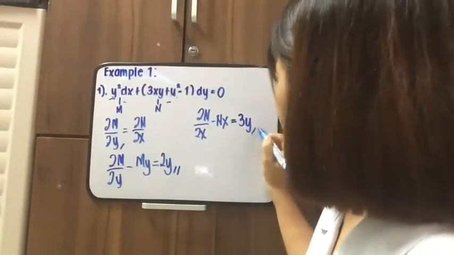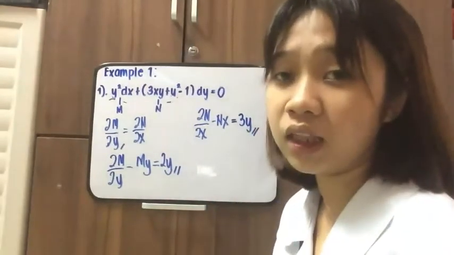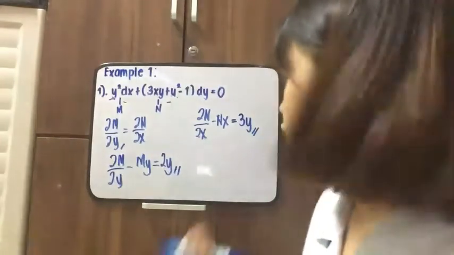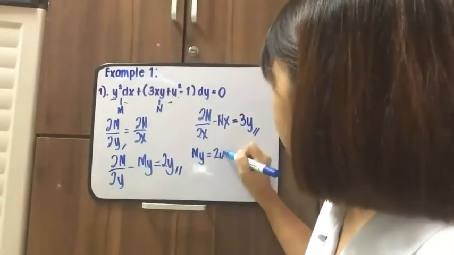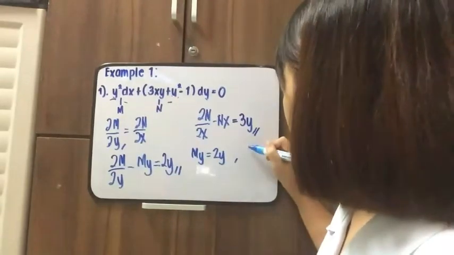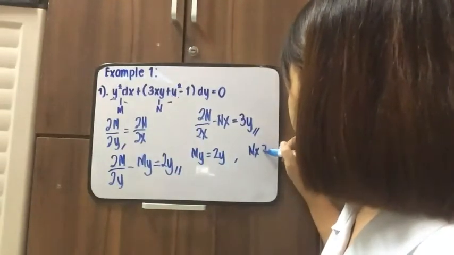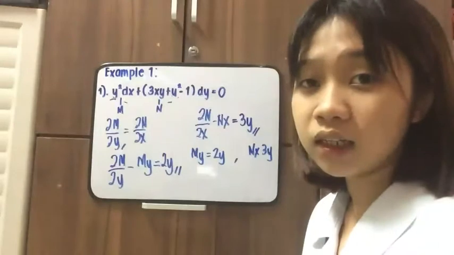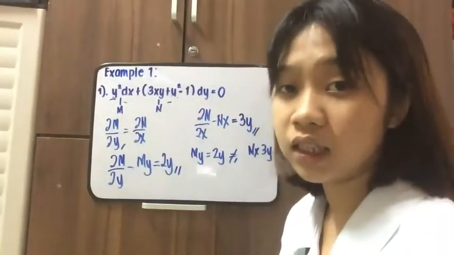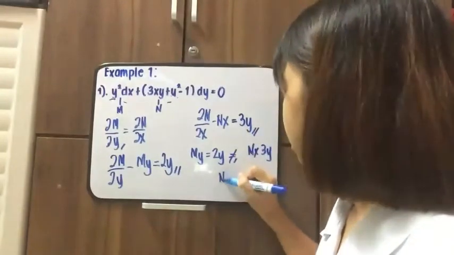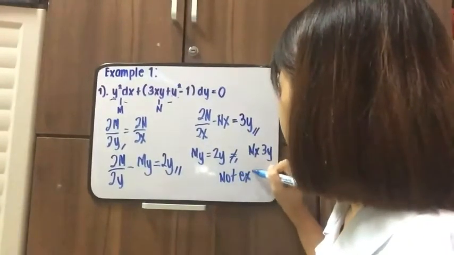So now we have our M and N: the derivative of M is 2y and the derivative of N is 3y. Clearly, they are not equal, so it is not exact.